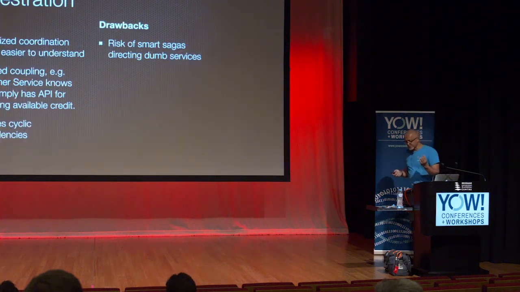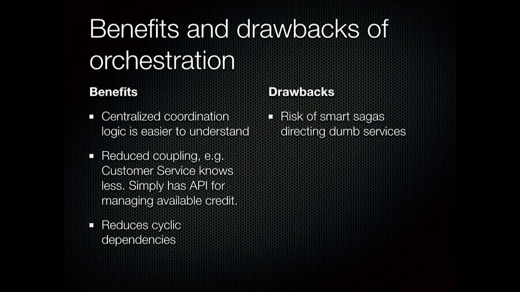So, this is quite a good pattern. It's a little bit more complex than choreography, but it does have some benefits. First, the actual coordination is centralized in one piece of code. If you go look at the code example, there is a class that implements this create order Saga, and you can see the individual steps.